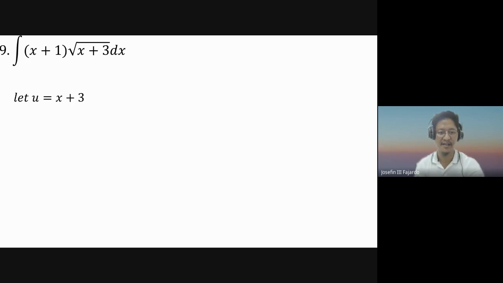Ganun ulit, if we get the derivative, du will be dx. Pero aside from x plus 3 kasi, kailangan natin na magkaroon ng x plus 1. Kanina x lang, di ba? So, subtract lang natin ng 3 kanina. Ngayon, dahil x plus 1, para maging x plus 1 ito, babawasan natin ito ng 2, di ba? Sinubtract ito ng 2, magiging u minus 2 yung kabila magiging x plus 1. Tama?